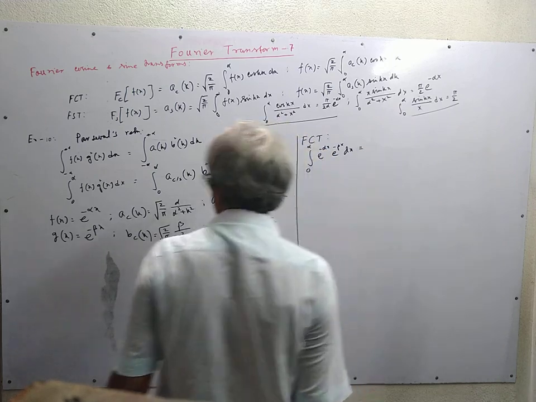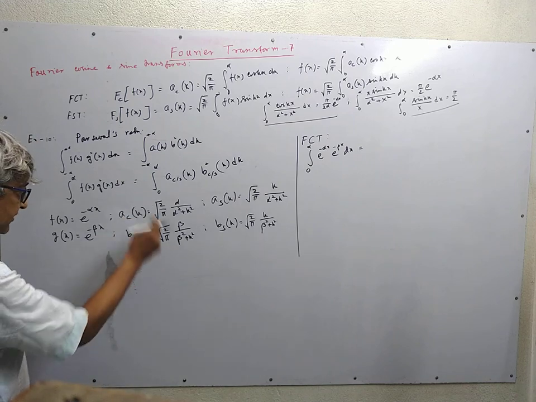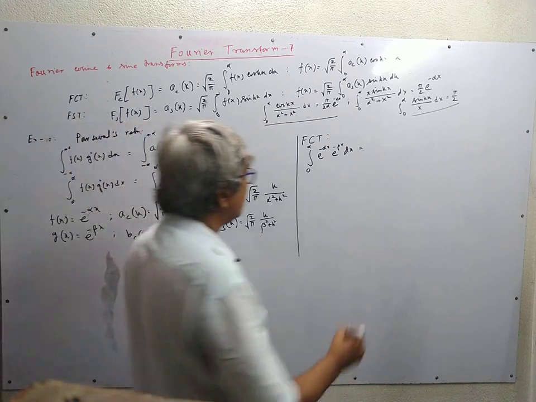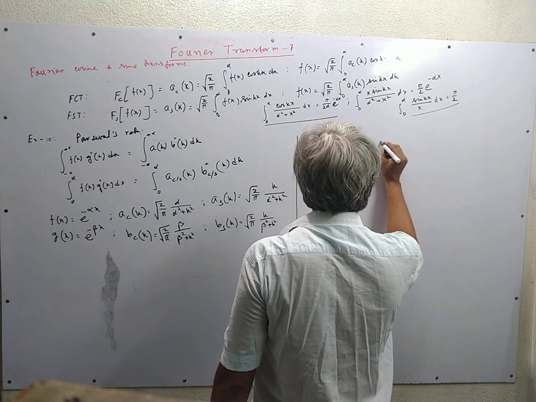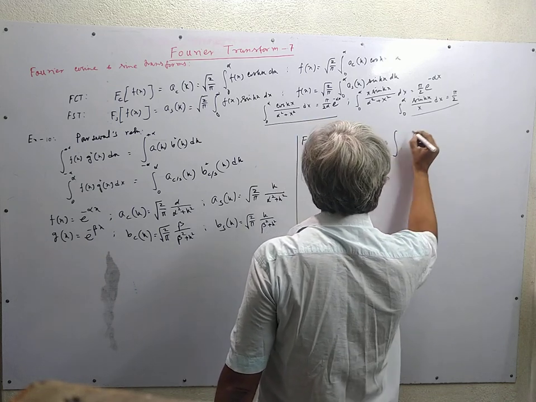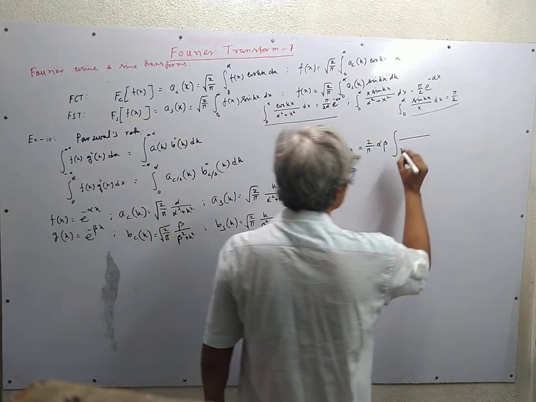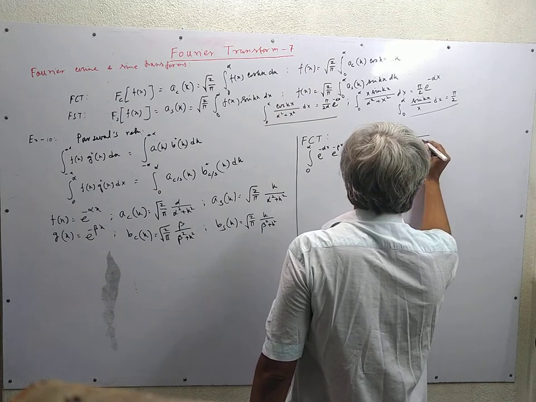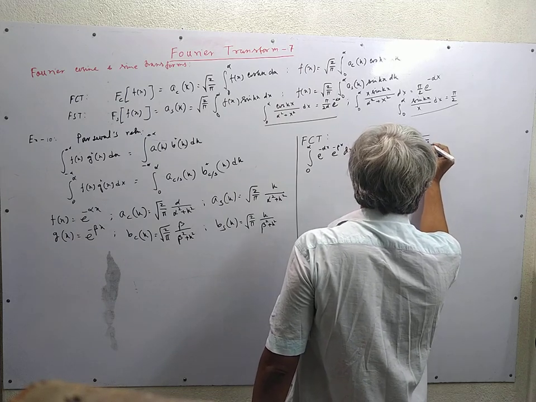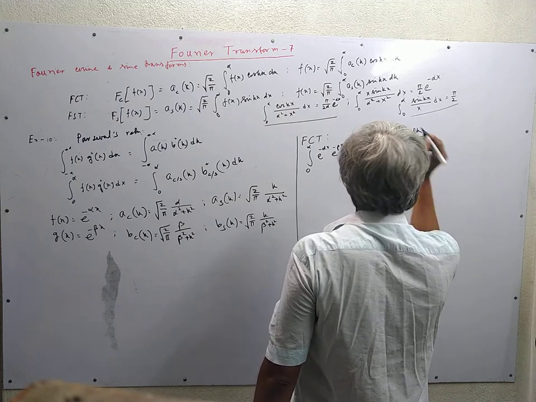On the right hand side, we have the product of the two cosine transforms, so it will be 2 by pi, and alpha beta will go out of the integration. Then it is the integral of 1 upon alpha square plus k square times beta square plus k square dk from 0 to infinity.